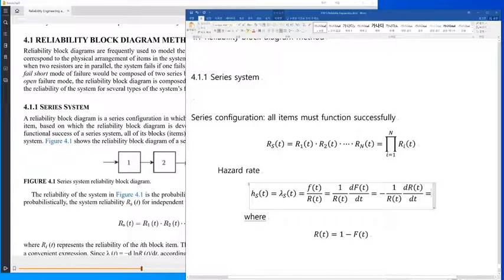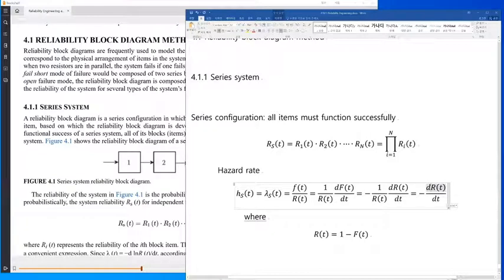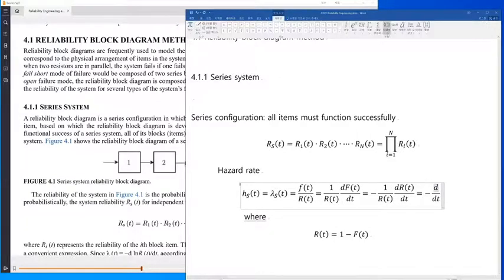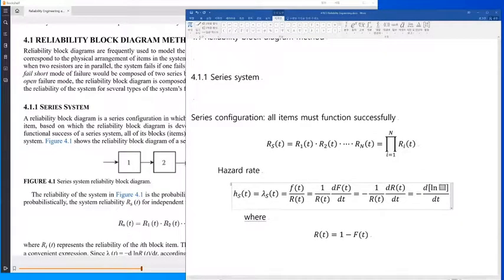So if we differentiate the log of R(t), we get the same expression here. This is the same as d log R(t)/dt.